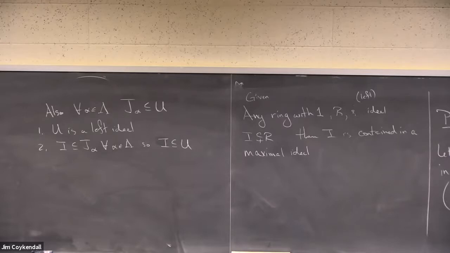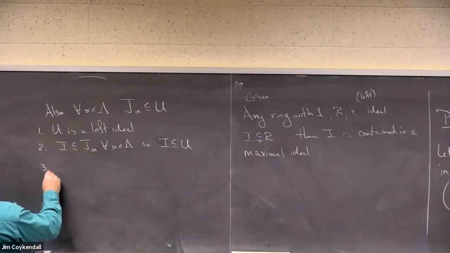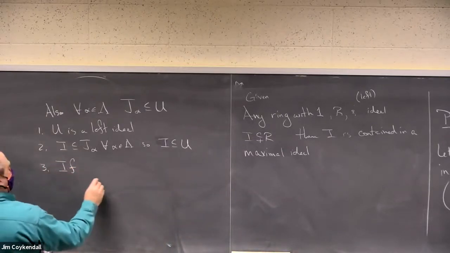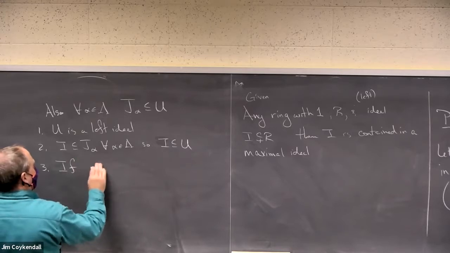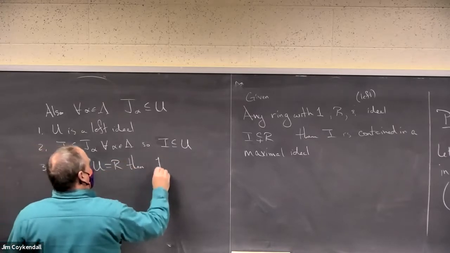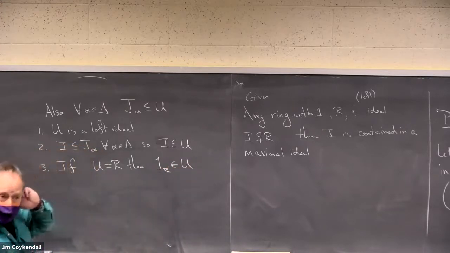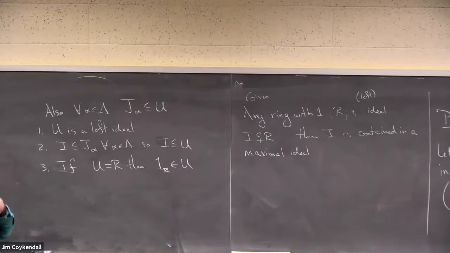And the last thing we have to do, we've shown it's a left ideal, we know it contains I. We need to show it's proper. That is to say, we need to show it can't be R. And number three, note, one here, because we're assuming here that R was a ring with identity.